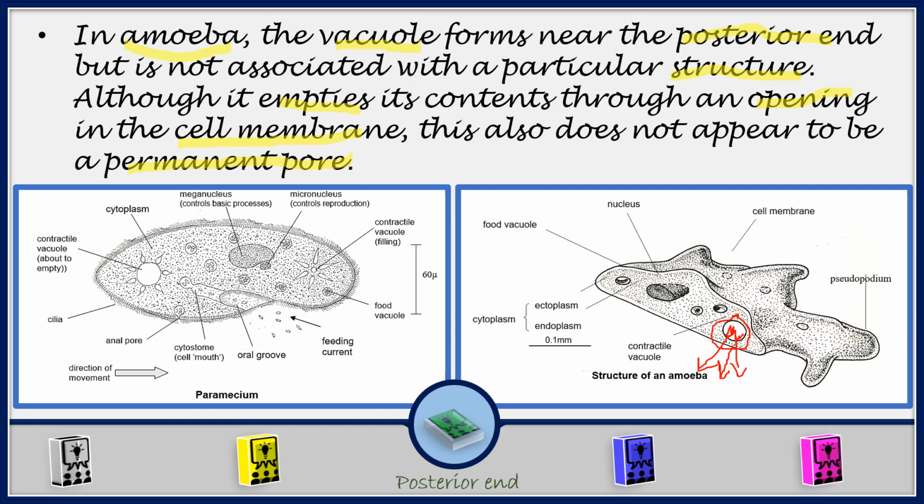But this pore is not permanent at that particular point. Another time it may release it from here, another time it may release it from this side. So the pore where it releases the content from the vacuole to the outside is not permanent.